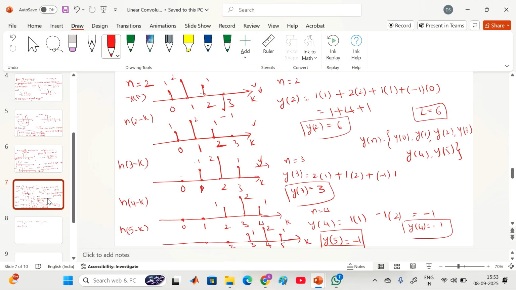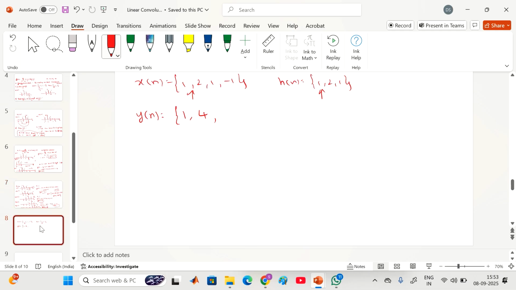Next, y of 2 value 6, 3, minus 1, minus 1. So therefore, the total length of the sequence is 6. If you are identifying the total length of the sequence as 6, then what about the starting index value? That is, the arrow mark should be at 1, because the starting index n value is equal to 0. So we have determined these two as the first pre-processing steps.